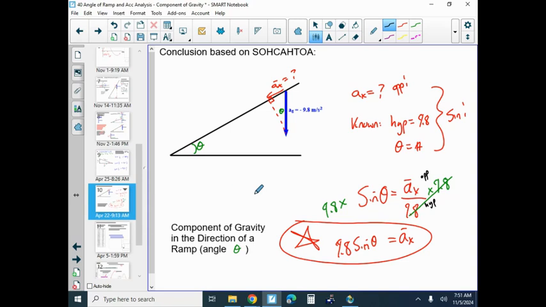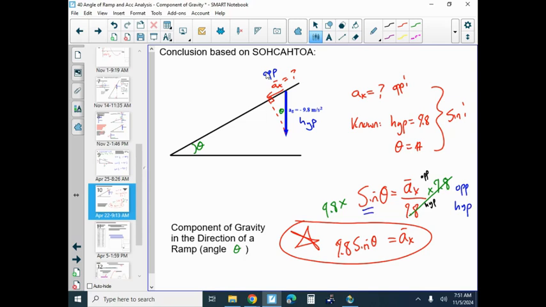So we can say, okay, this x component down the ramp is the opposite side, and the actual acceleration vector is the hypotenuse. And so you can see why it's sine theta, right? As we have the opposite and the hypotenuse.